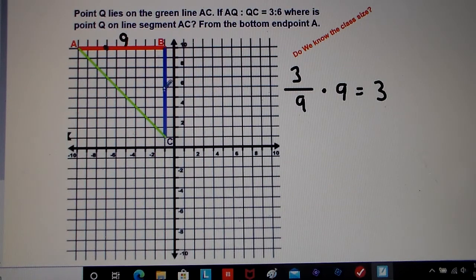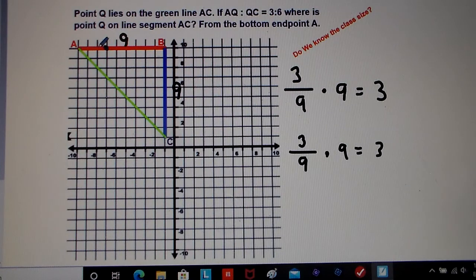Now we have to find out how far down we have to go. So 3/6 is the same fraction, 3 over 9. The distance from B to C is 1, 2, 3, 4, 5, 6, 7, 8, 9. So it's also a distance of 9. So 3/9 times 9 is also equal to 3.